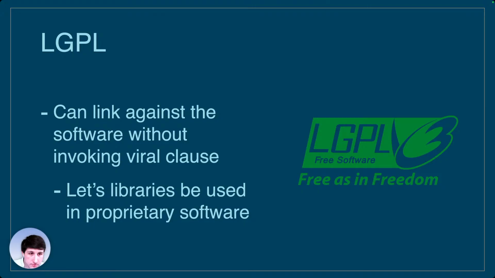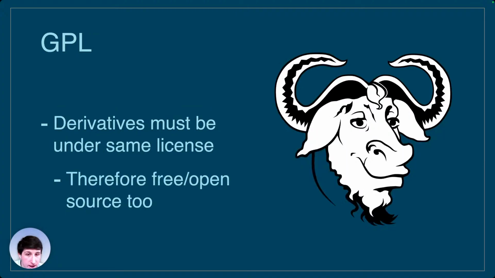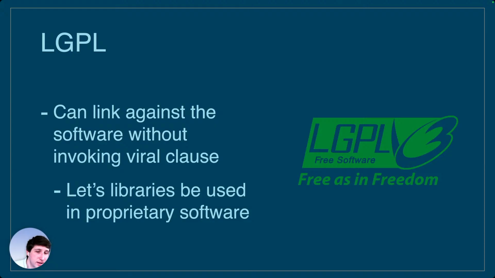So as a commercial software developer, you can link to an LGPL library and not need to release your source code as well. Whereas the GPL requires you, if you incorporate the software in any way, to release your software under the same license. So the LGPL basically makes an exception for just linking against the software.